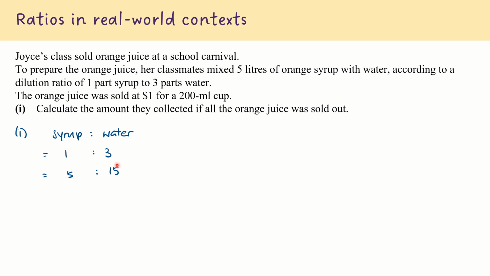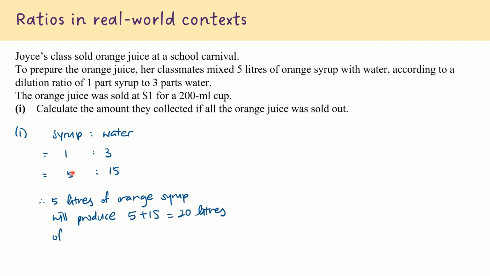So I multiply by 5 across in the ratio given. So what this means is that since I have 5 liters of orange syrup, I'm able to produce a total of 5 plus 15, and that is 20 liters of orange juice. So take note that the juice comes out from adding both the syrup and the water quantity together.